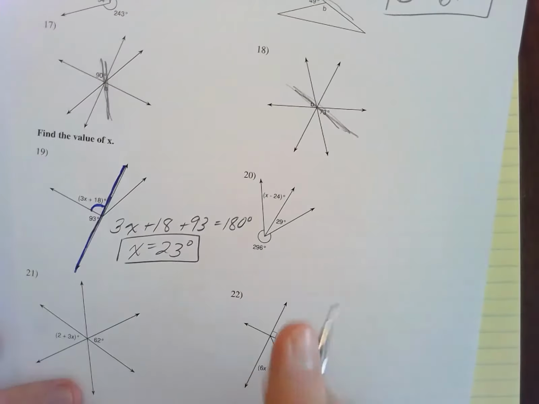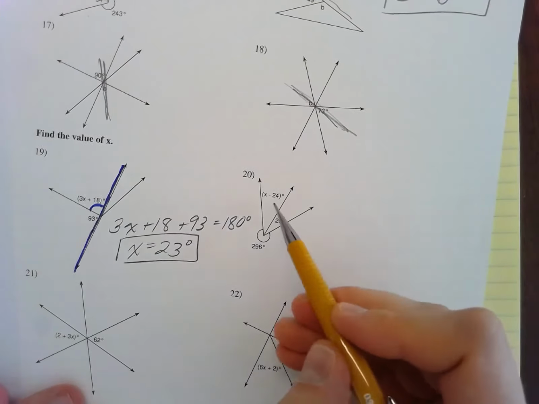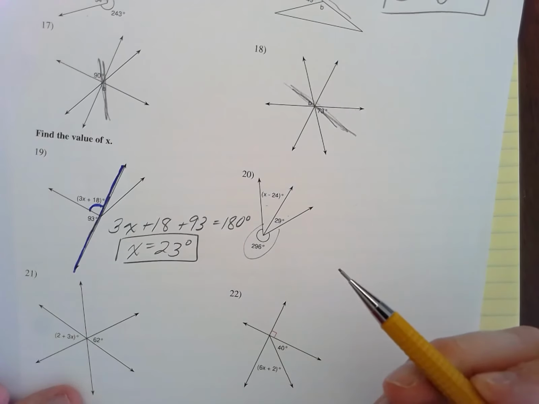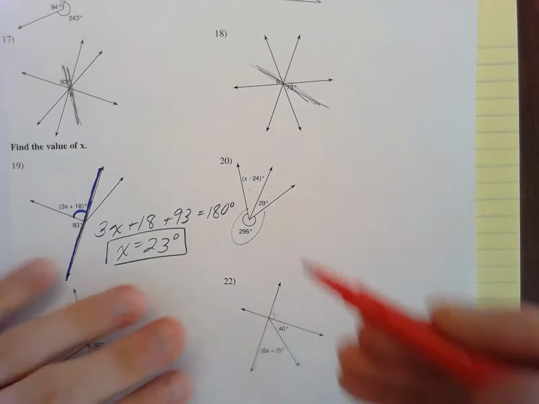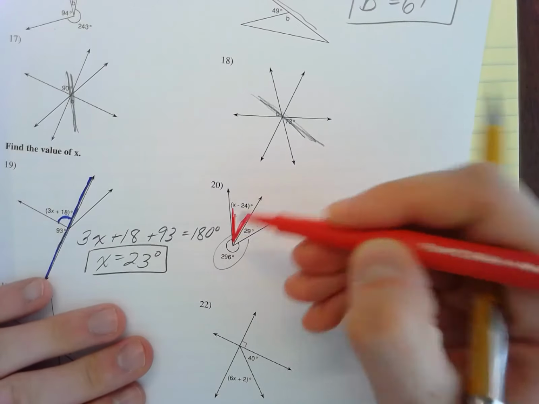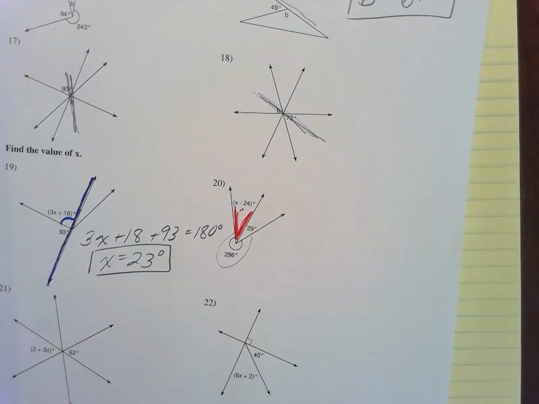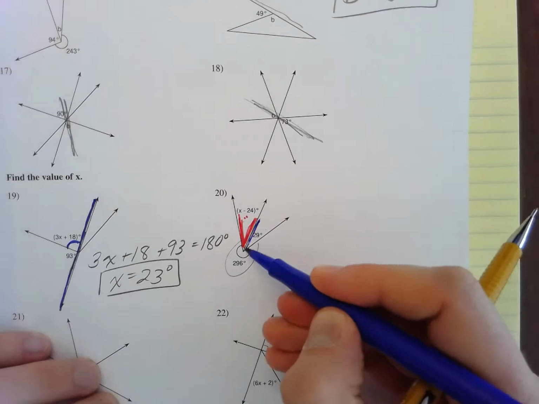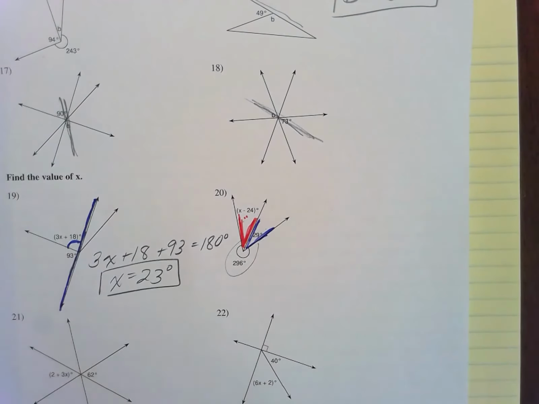Okay? Here we have a similar setup where we have this plus this remaining 296. Everybody see that? So I have this angle here, which is this expression, x minus 24. And I have this angle, which is 29.